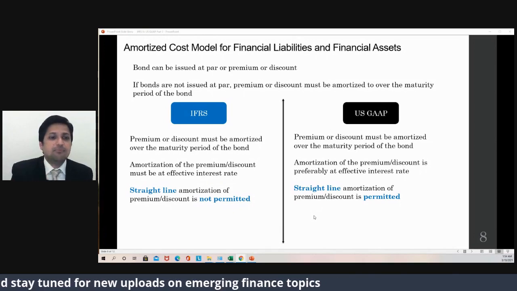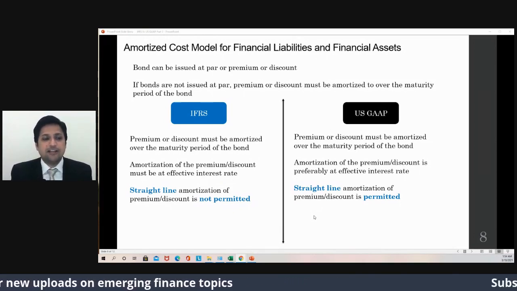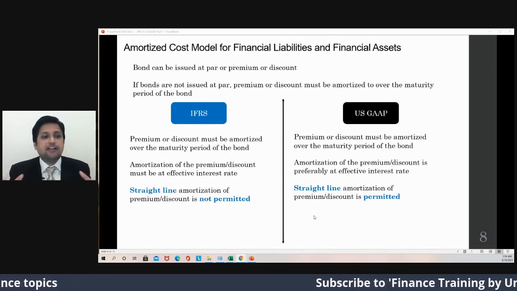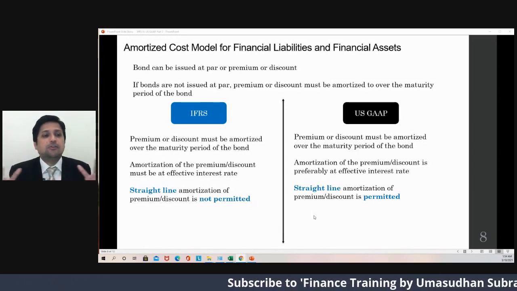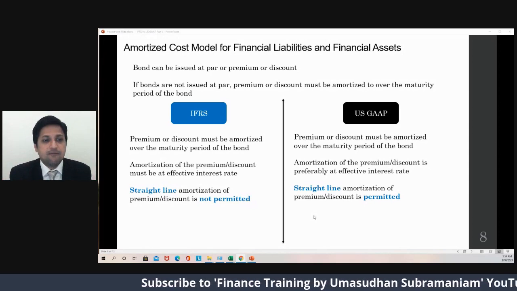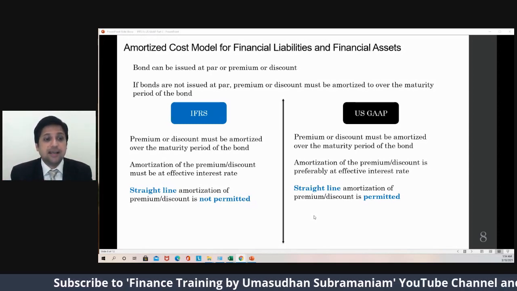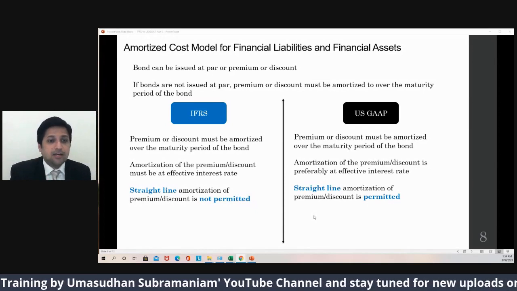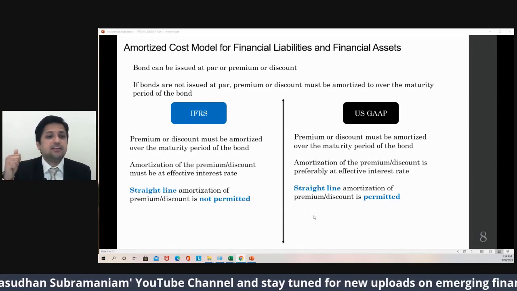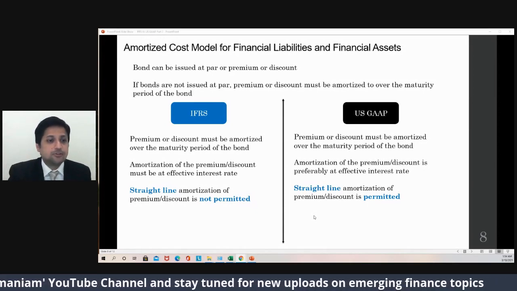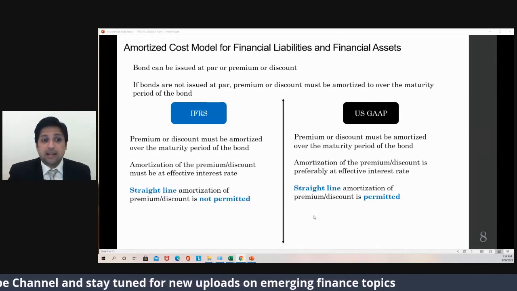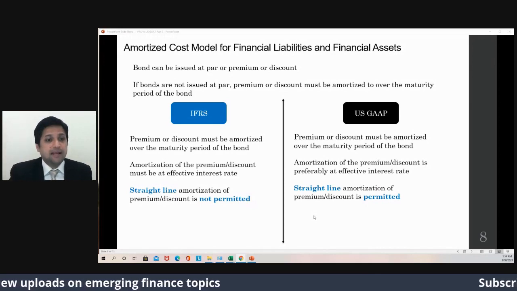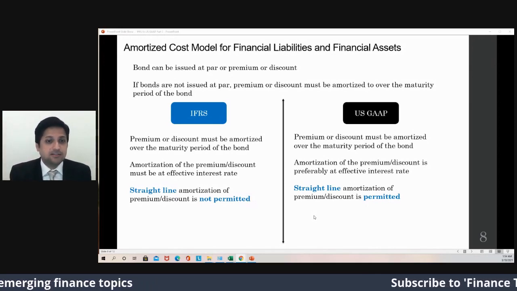What we mean by the amortized cost model for financial liabilities is that these financial liabilities are not going to be measured at fair value, they are going to be measured at amortized cost. And remember, a bond can be issued either at par value, usually $100, or at a premium above $100, or at a discount below $100.